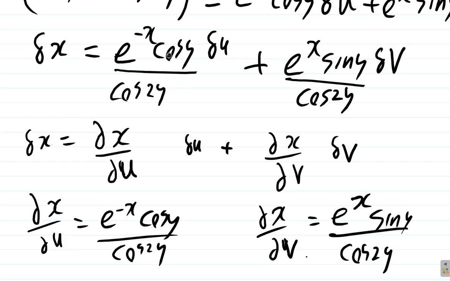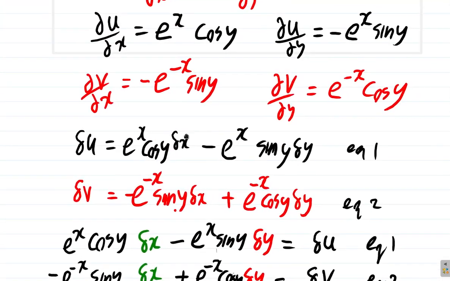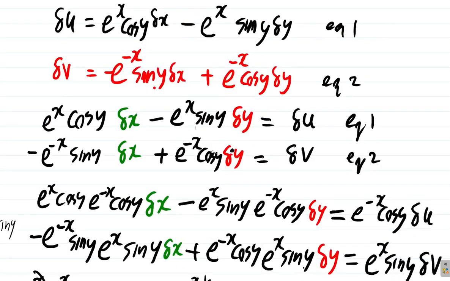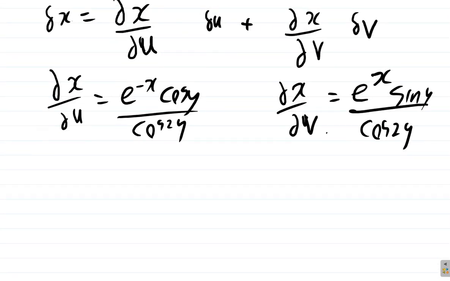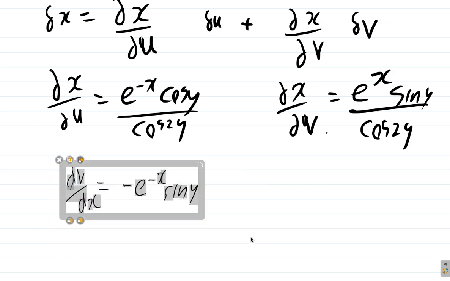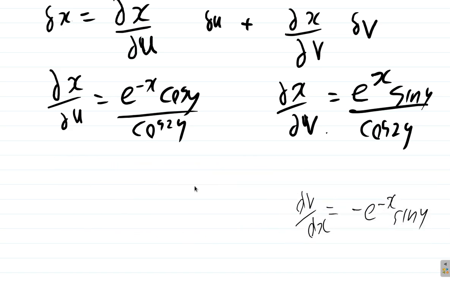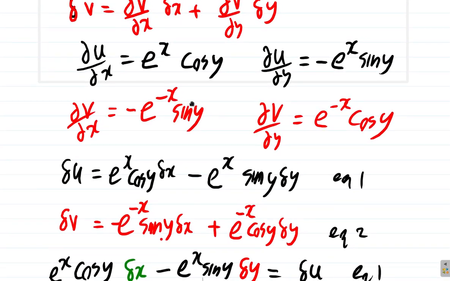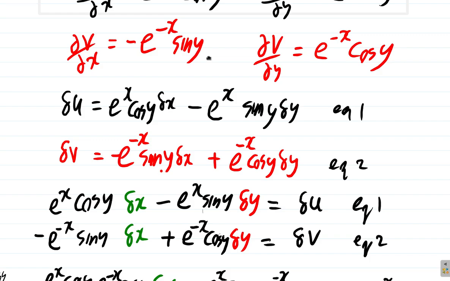Now remember at the start we found dv by dx to be minus e to the minus x sin y. That was dv by dx. Oh, let me put this over here for comparison. And then we found du by dx earlier. Du by dx was e to the x cos y.